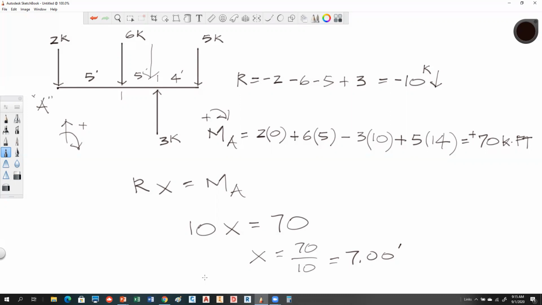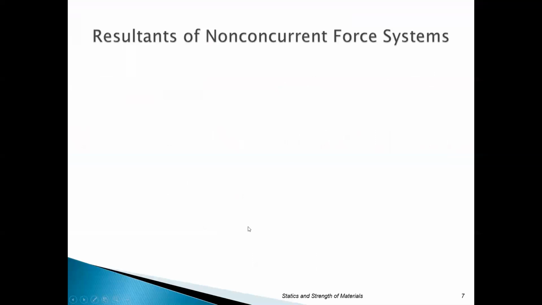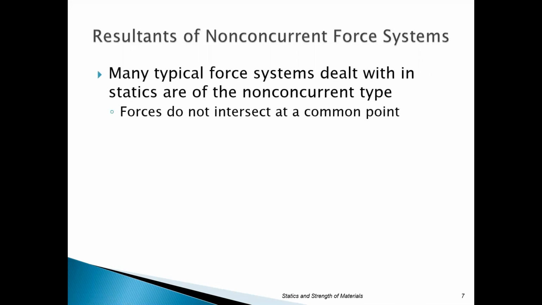So these tend to be the harder of the process, okay? But it kind of uses everything we just talked about here. So that's the good news. So let's go back here. So non-concurrence, what you've got going on is where we said it's not just true parallel, it's not concurrent, it's kind of maybe a mixture.